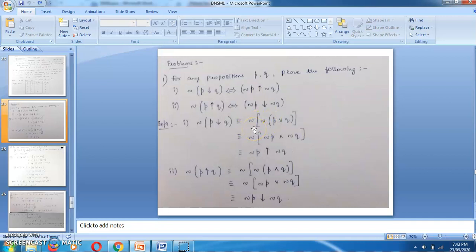A double negation is as good as writing P or Q.